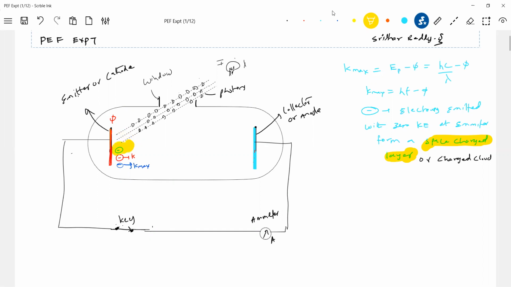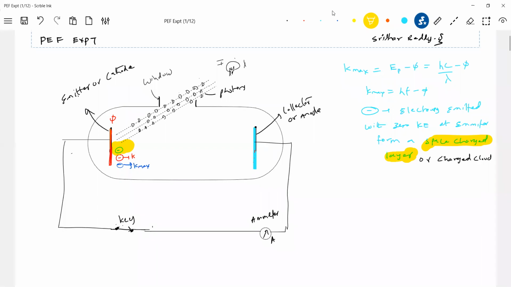So what is a charged cloud? All those zero kinetic energy electrons just stay near the emitter only, and they form a space charged layer. In some books they call it a charged cloud. Those photoelectrons which are ejected with zero kinetic energy stay at the emitter and form some sort of cloud, and they'll be there only.